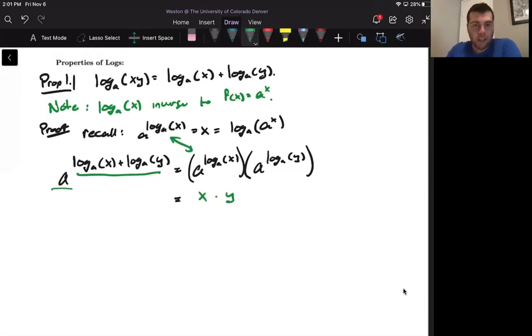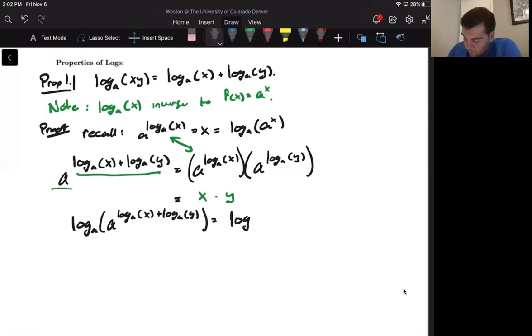So we just take the logarithm with respect to a of both sides. So that gives us log a of a to the log a of x plus log a of y equals, and we'll do it to the other side as well, log a of xy.